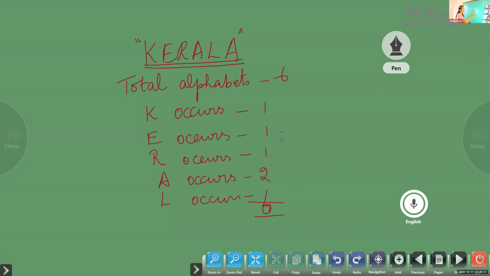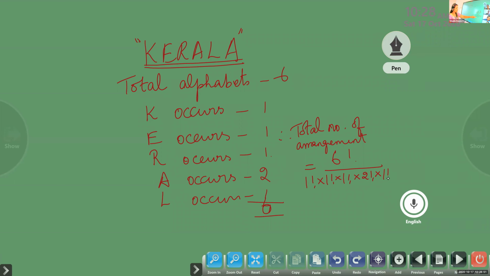So what is the total number of permutations? The total number of arrangements is equal to, what is the total number of alphabets here? It is 6. 6 factorial by the factorial of occurrence of each alphabet. That is 1 factorial into 1 factorial into 1 factorial into 2 factorial into 1 factorial.